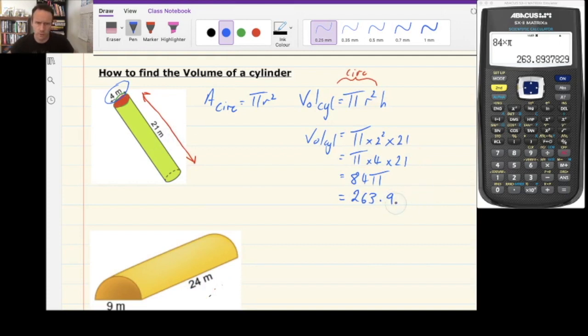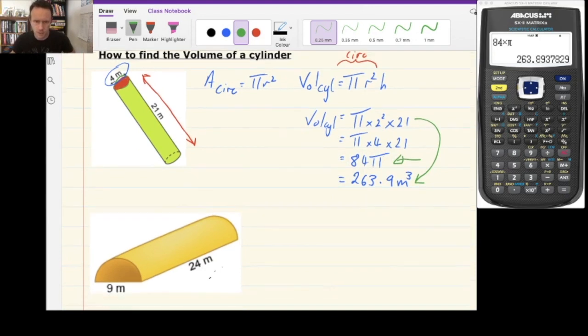And the unit is meters cubed because it's volume. As always, if you are not confident with the exact value, you can just go from here to here with your calculator, and later on come to terms with the exact values.